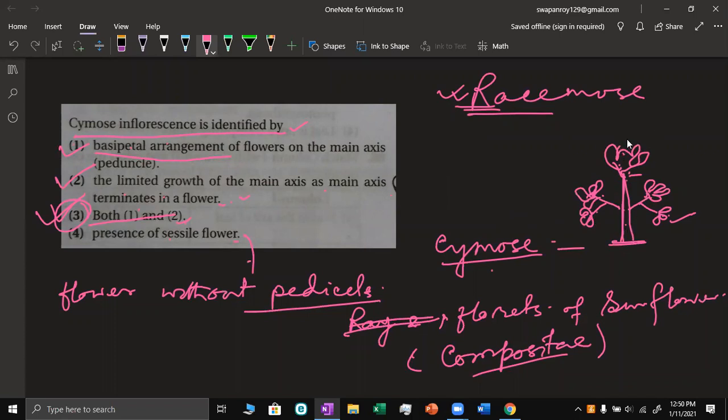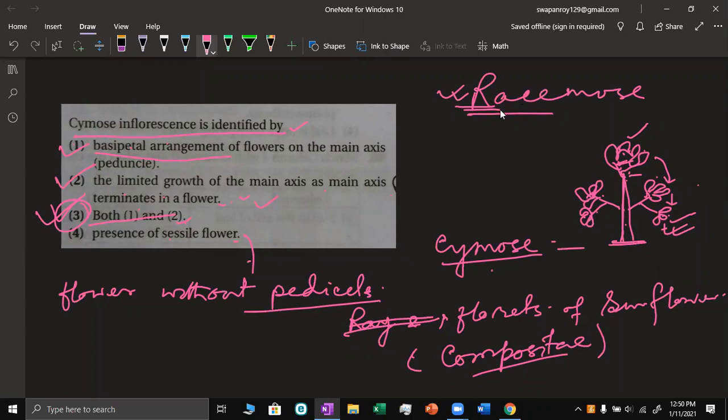See, the flower at the top is the oldest flower by age, oldest and largest, and gradually towards the bottom, or away from the center, it is younger and smaller.